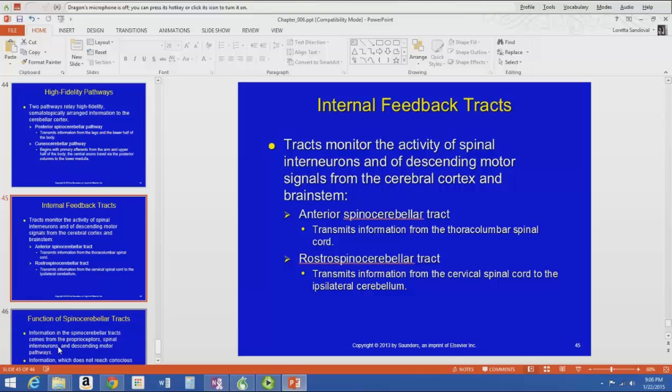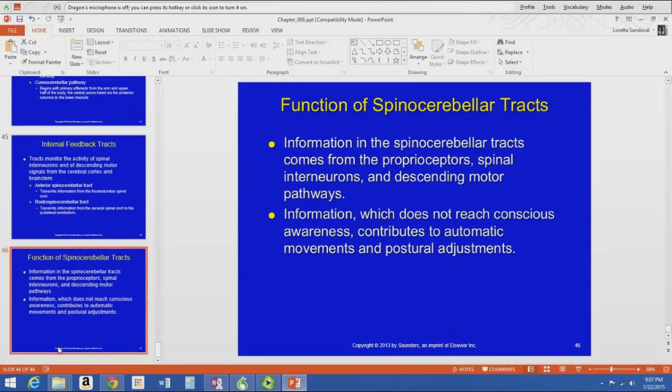Just know the spinocerebellar tract is the one that goes from the spine to the cerebellum, and that's easy because the name tells you what's going on. Information from the spinocerebellar tracts comes from the proprioceptors, spinal interneurons, and descending motor pathways. This information does not reach our conscious awareness because it contributes to automatic movements and postural adjustments.